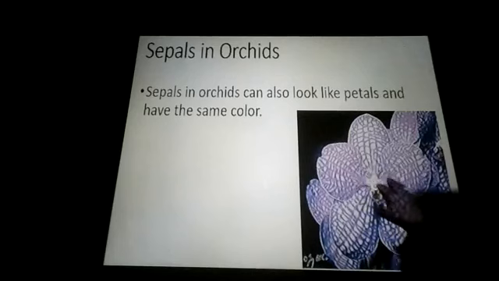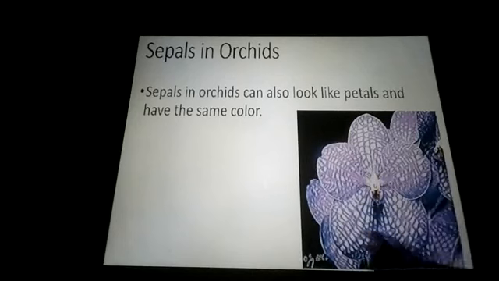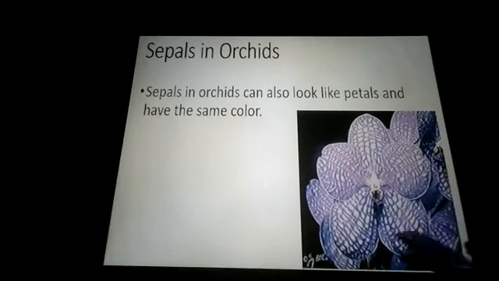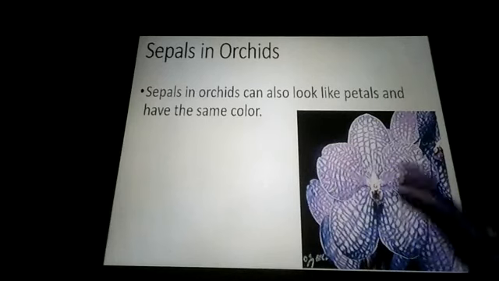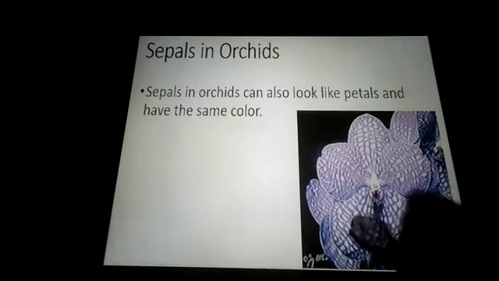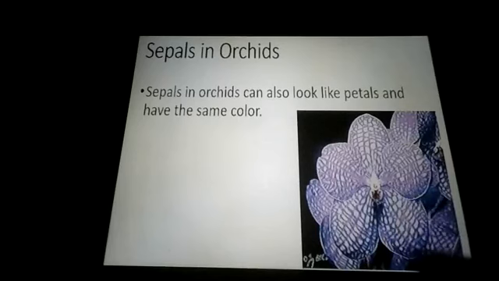So when you look at this flower, the whole flower has a sepal, sepal, sepal, and it has a petal, petal, and petal. Even though it's real tiny, it's still here. So in this kind of flower, both the sepals and the petals are part of the flower.